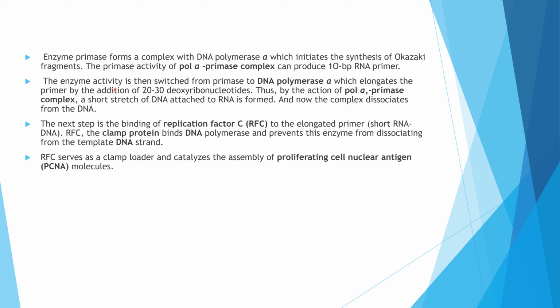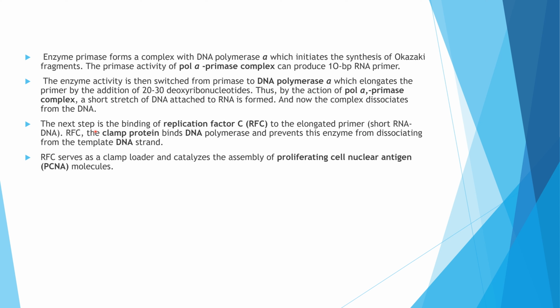The enzyme activity is then switched from primase to DNA polymerase alpha, which elongates the primer by addition of 20 to 30 deoxyribonucleotides. Thus, by the action of the polymerase alpha primase complex, a short stretch of DNA attached to RNA is formed, and now the complex dissociates from DNA.